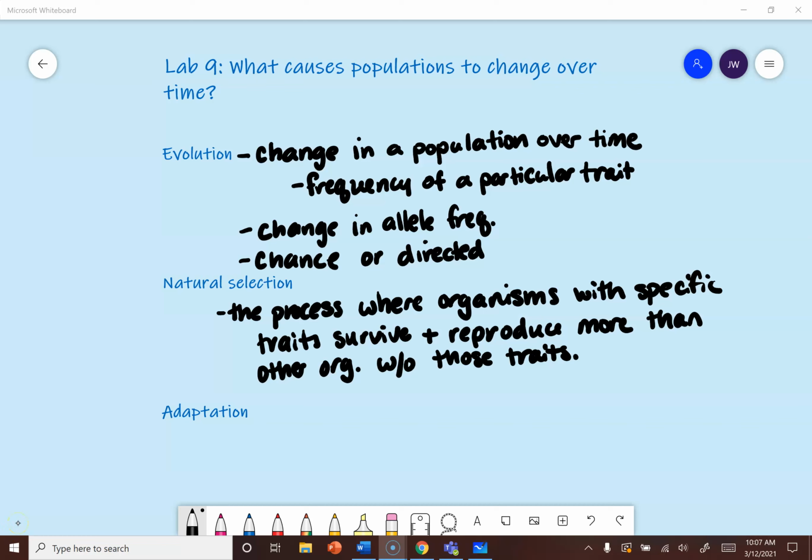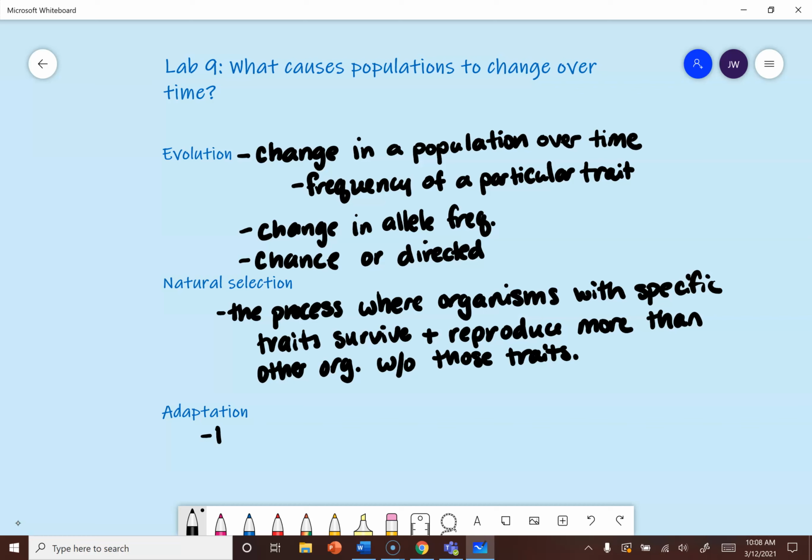So essentially, natural selection is one of the mechanisms that can cause evolutionary change. Because when an organism with that specific trait that is advantageous survives and reproduces, that trait is going to become more common in the population. And here we get to adaptation.